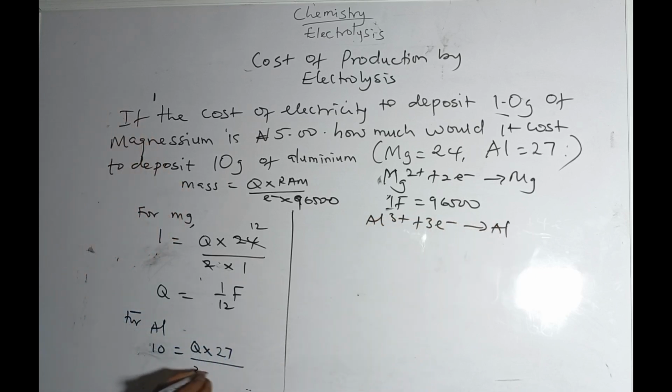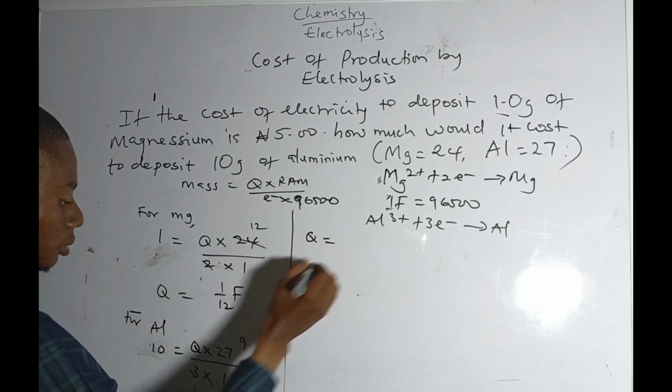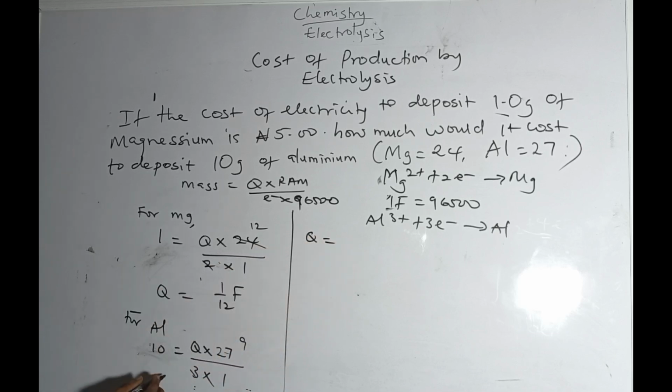So it's 3. So 27 over 3 is 9. So Q for aluminium will now be 10 over 9 faraday.